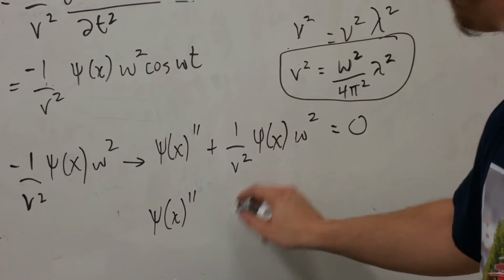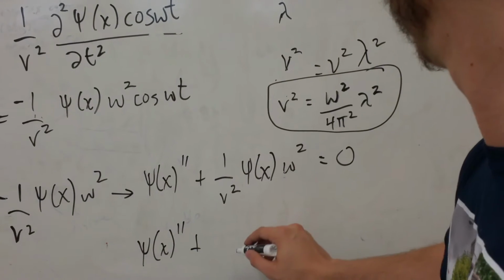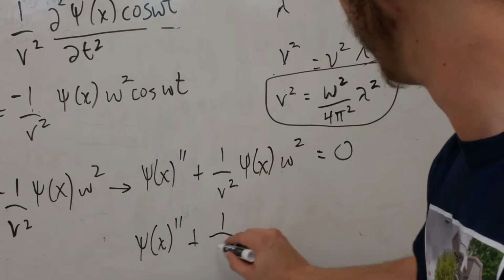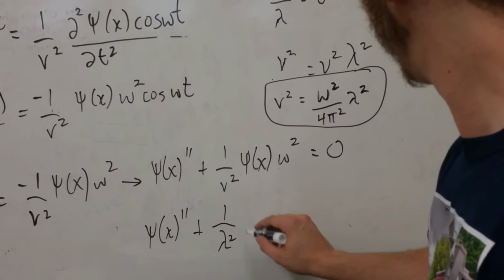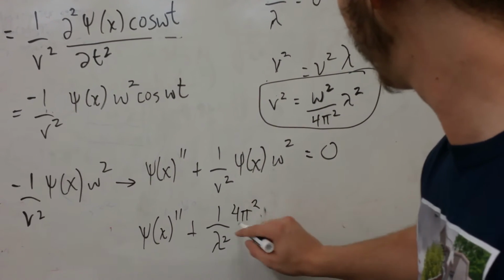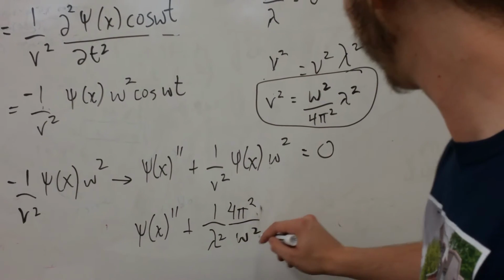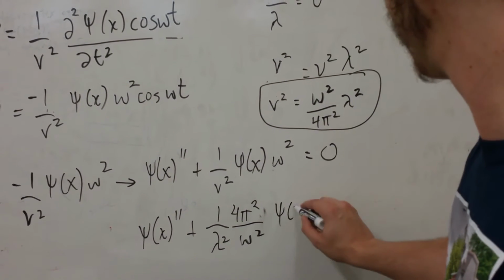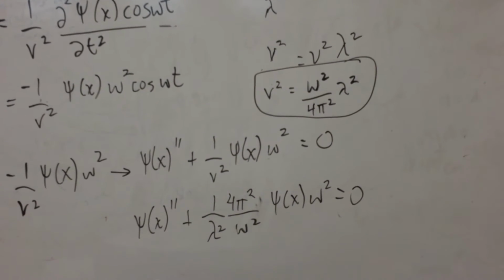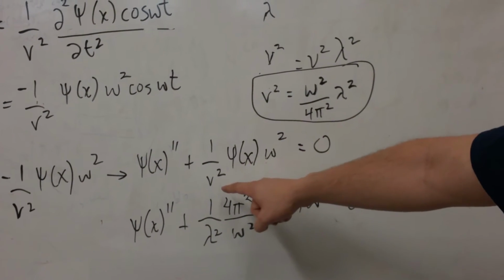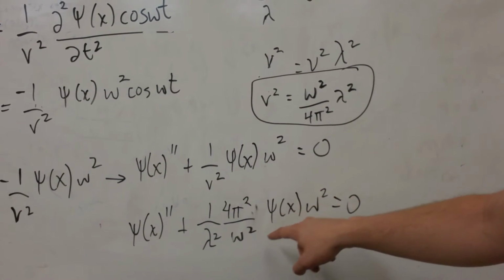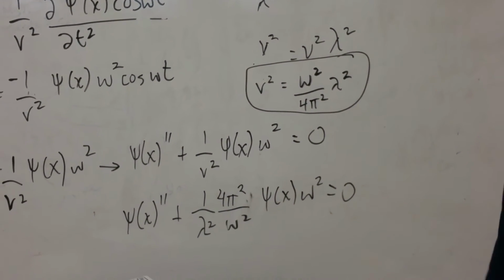So 1 over velocity squared becomes 1 over this. So we have 1 over lambda, 4 pi squared on the top, omega squared on the bottom, psi of x, omega squared is 0. So all we did here is replace 1 over v squared with the inverse of this. That's the inverse of that. And now we arrive here.